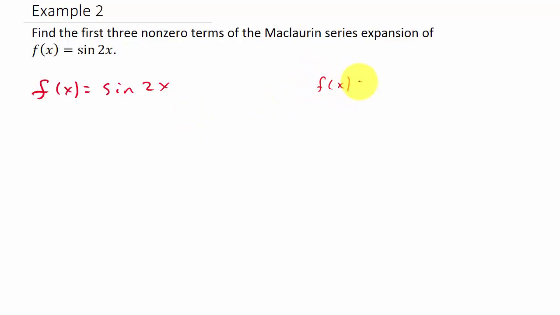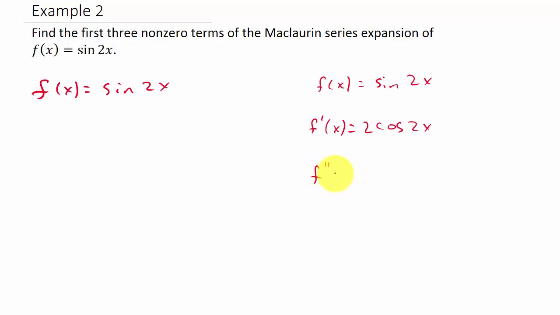Let's come over here to the side. I've got f of x equals sine 2x. So f prime of x, the derivative of sine is cosine, so that's cosine 2x. And then remember, we have to multiply by the derivative of what we're taking the sine of, so that would be times 2.